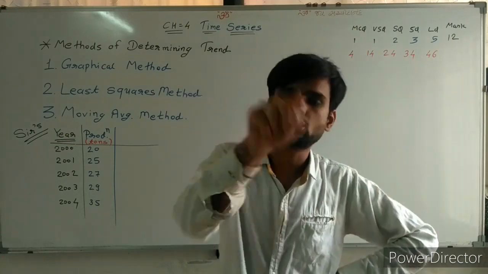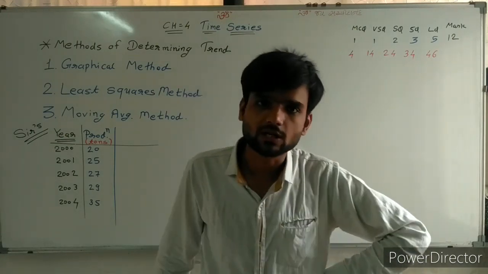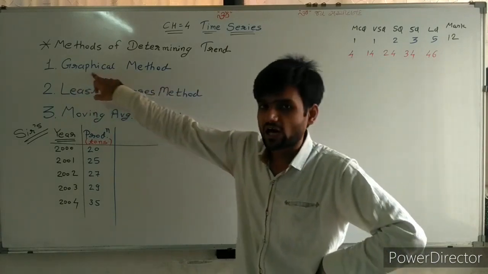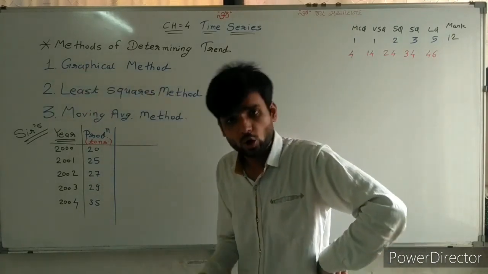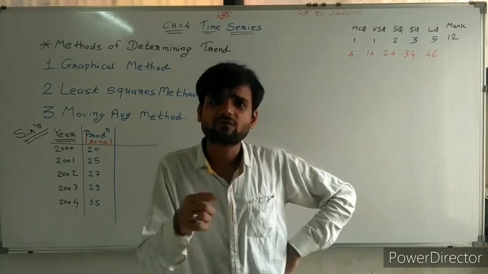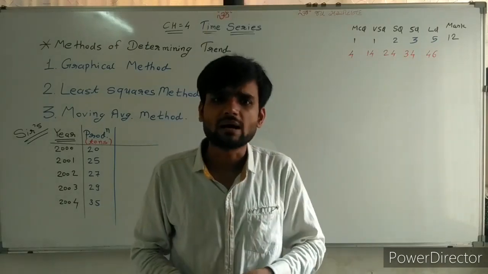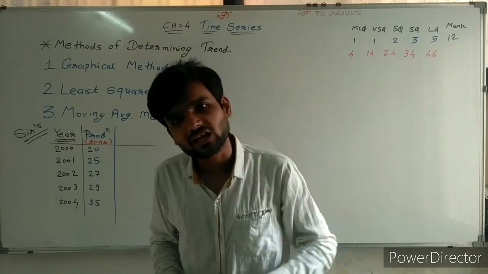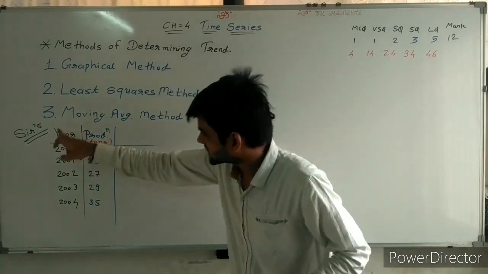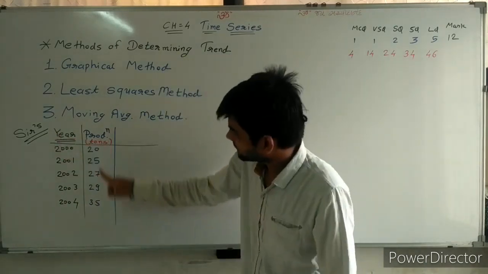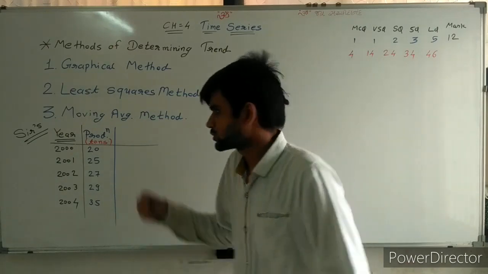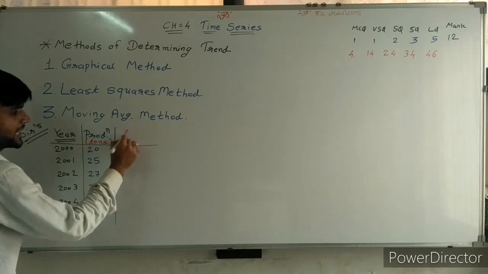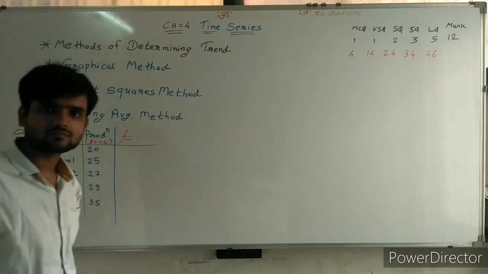In chapter number 2 we have done graphs. On that graph basis, we can find the trend by plotting points related to particular data. So sir, here the data is given: years, and second is production. Suppose we consider the year as time t.